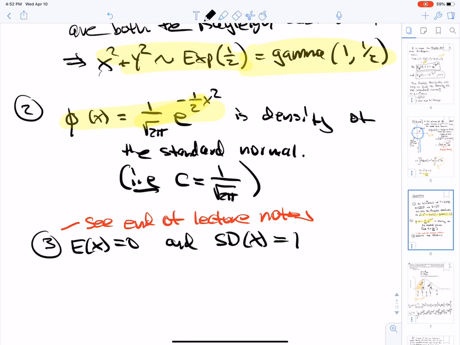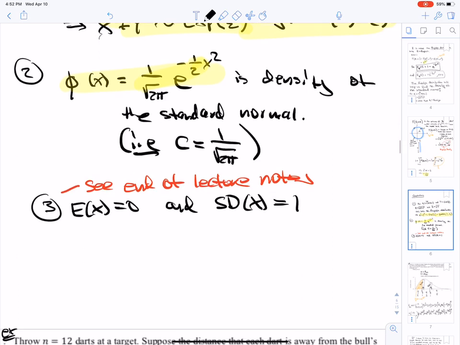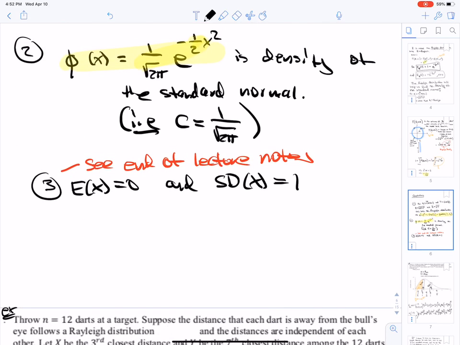Phi of x is 1 over the square root of 2 pi e to the minus 1/2 x squared. And the expectation of X is 0, the SD of X is 1. I want you to take a look at the end of these notes. I've very clearly written out the proof of that.